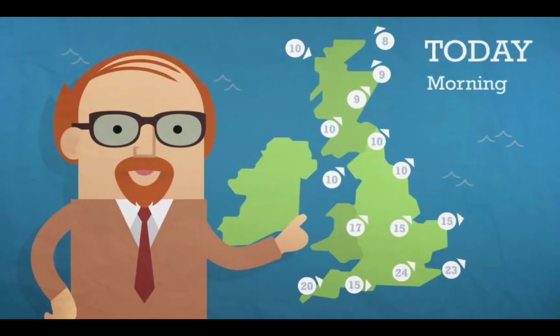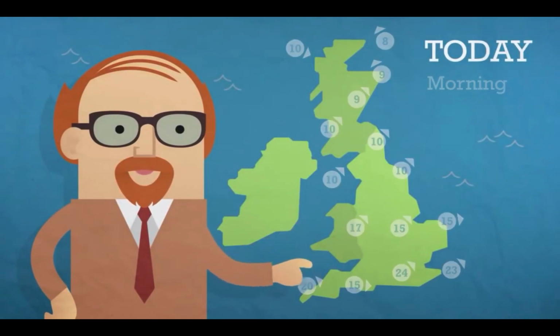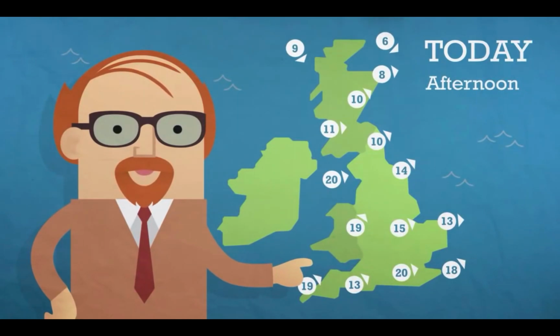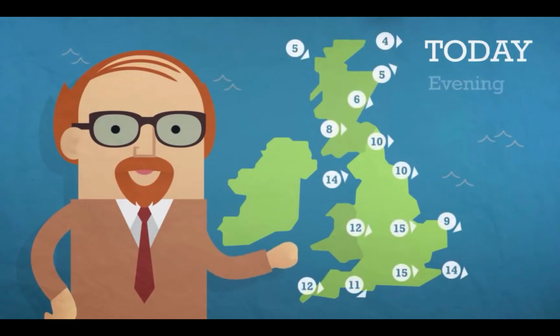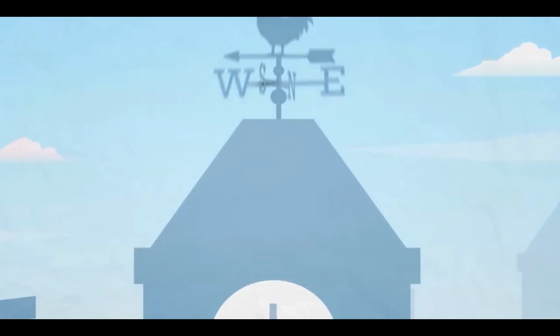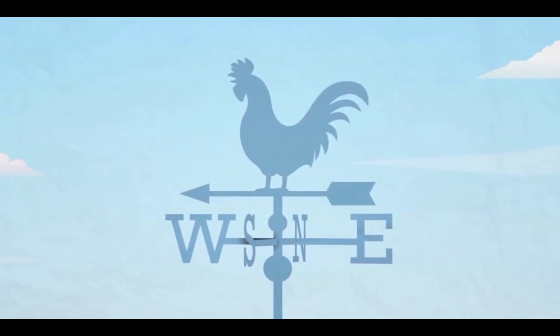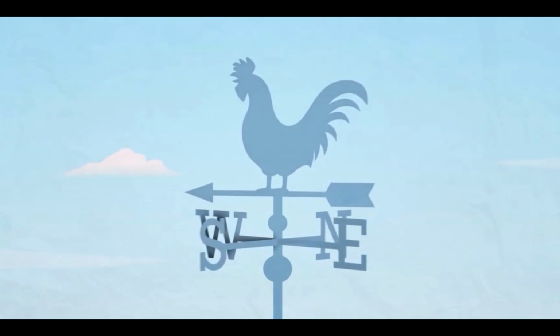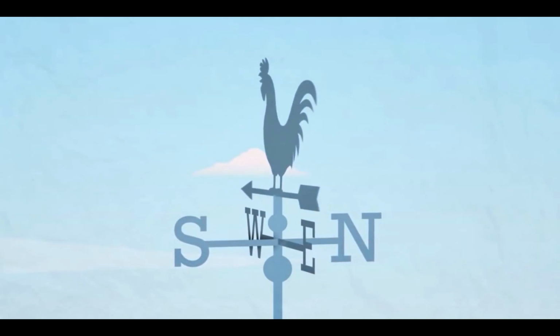Weather forecasters try to work out where wind will blow and what weather the wind will bring. They are most interested in wind direction and wind speed. A wind vane is used to show wind direction. It is placed on top of a building or a large pole called a mast, and the wind causes it to move and point in the direction that the wind is coming from.